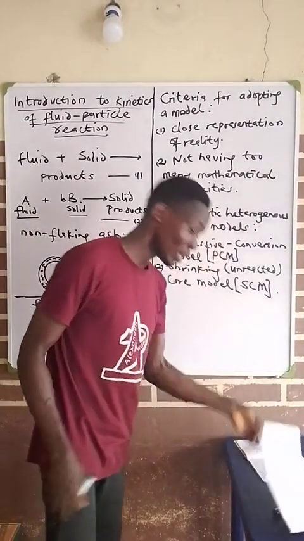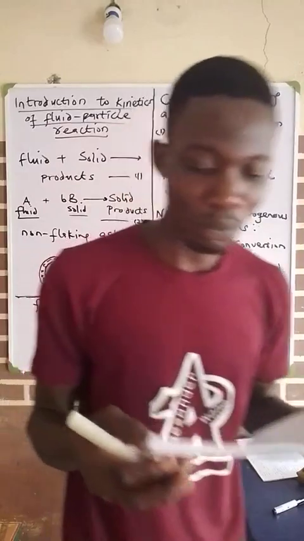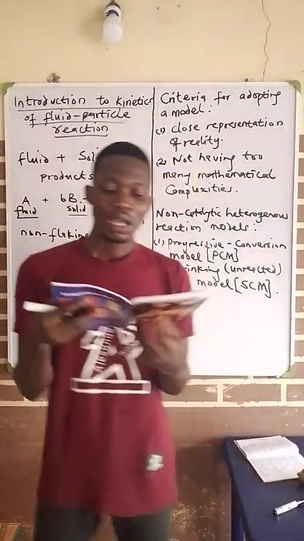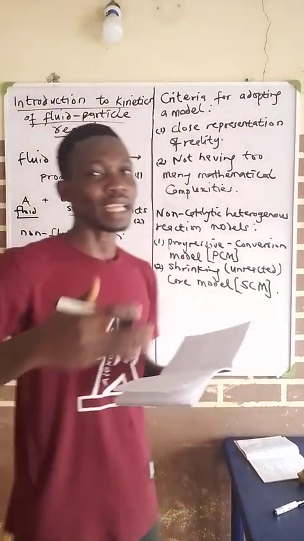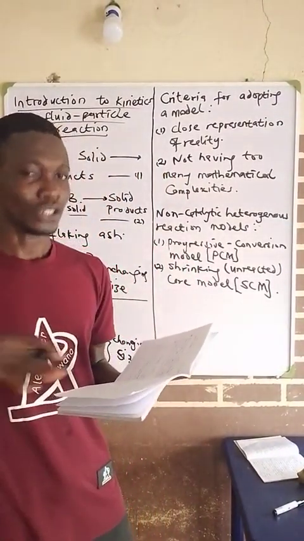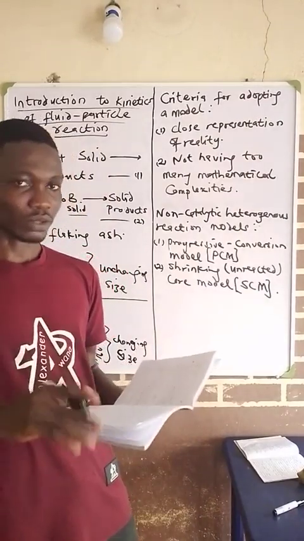Basically, in the progressive conversion model, PCM, the solid reactant is converted continuously and progressively throughout the solid reactant particle.